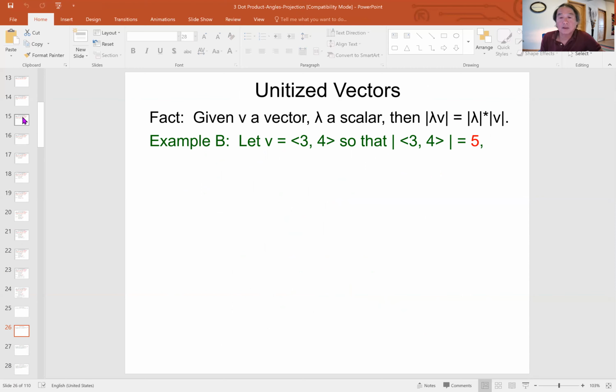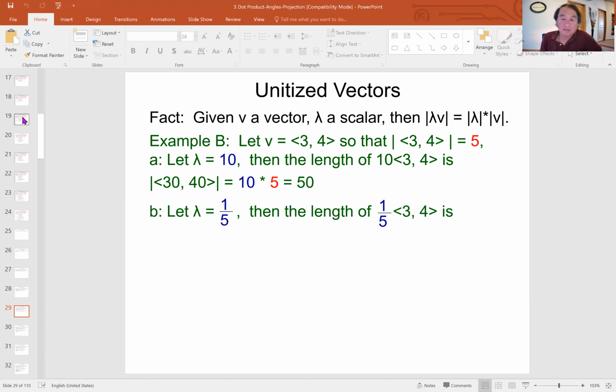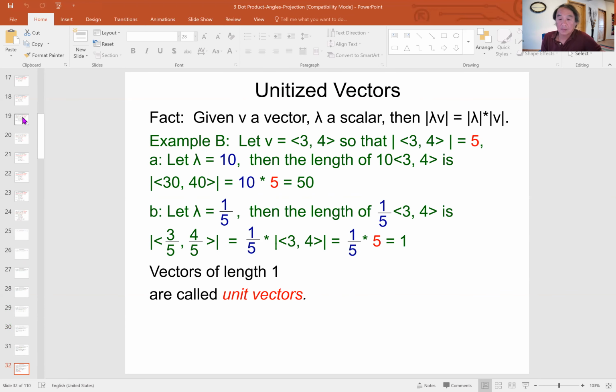Given a vector, if I multiply it by a scalar, then the length of the vector is multiplied by that scalar. Here, the length of the vector v is 5. If I multiply by 10 and rescale it, I get (30, 40), and its length is going to be 50 if you calculate it through the length formula. In particular, if I multiply by the reciprocal of its length, 1/5, then this vector has length 1.